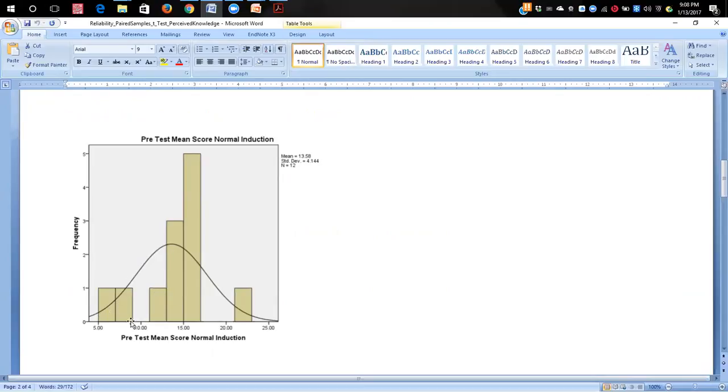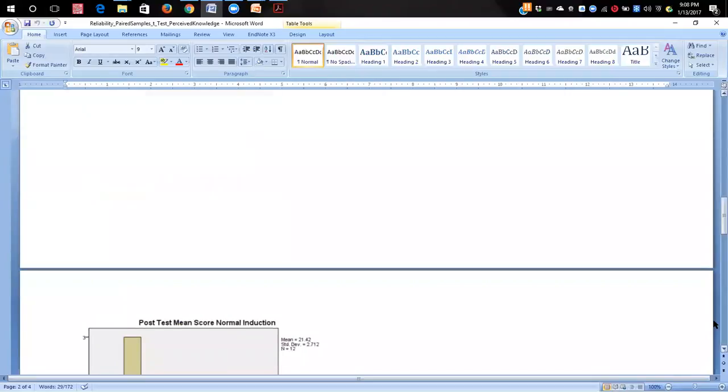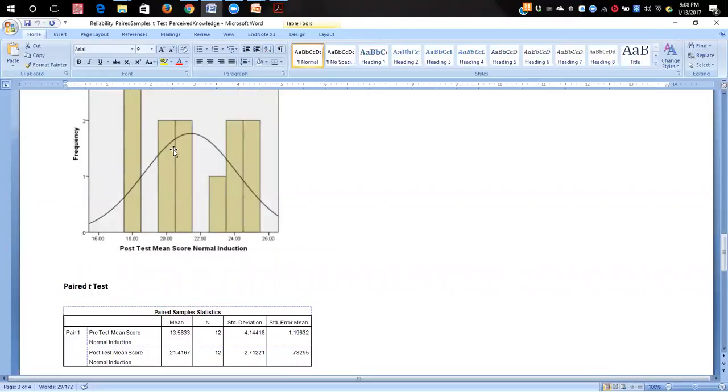As you can see here in the pretest, because the skewness value is minus 0.4, it doesn't look like a perfect bell shape. Looking at the bell, it is slightly skewed to the left, which is negative skewness or left skewed. Whereas the post-test, which has a skewness of 0.04, you can see here the bell curve looks more normal. It looks like a bell shape.